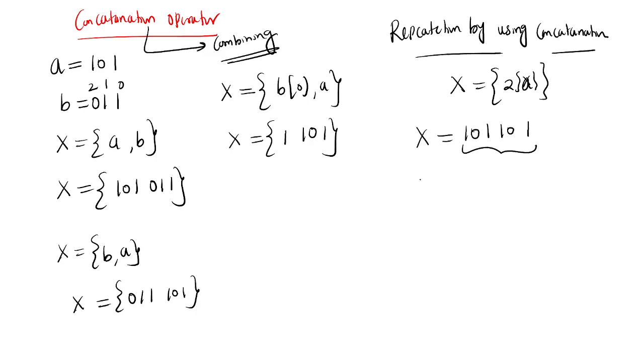And you can consider x equal to a comma 3'b000. If you do this, you are getting 101 and 000. So this is concatenation and repetition. Concatenation is nothing but combining.